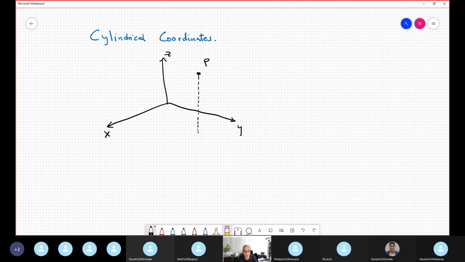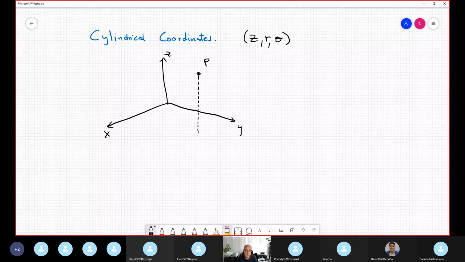For example, I want to call z, r, theta. So one option is that one of the Cartesian x, y, or z stays the same. In this case, I select z, but not always. When you select one, you project the point onto the plane of the other coordinates.